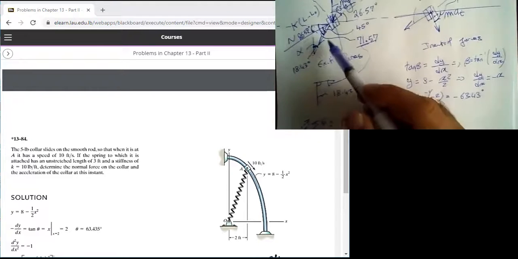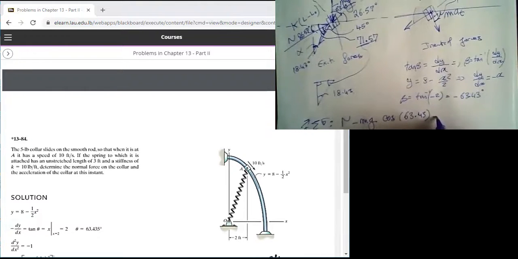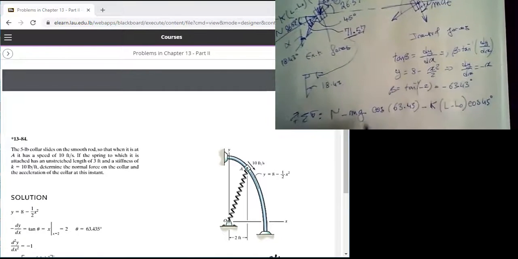Very well. Minus the reaction, minus k, k times L minus L0, multiplied by what? Cosine 45. Excellent. Okay, we're good on this end.